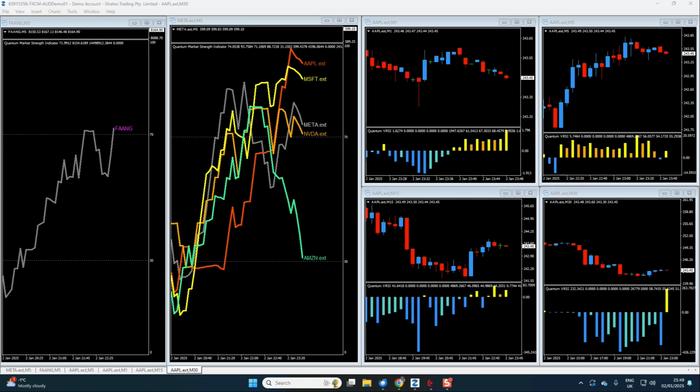Over on the right-hand side, I've incorporated a group of time-based charts: a 1, 5, 15, and 30-minute for Apple. In addition, I've included the VRSI indicator, which we've recently developed for MT4 and MT5 as well. So we're combining several concepts here.